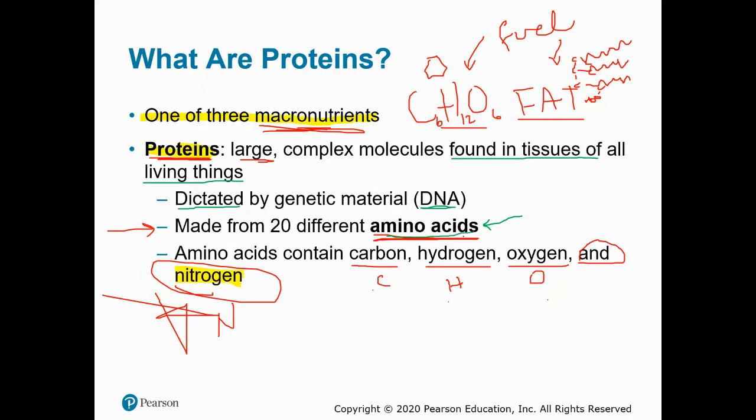Rather, with amino acids, we reassemble them into our own body proteins, and then they become these structural pieces of our bodies. So whereas with carbohydrate and fat, we primarily use those for fuel, with proteins, very different story. We disassemble the proteins that we eat to harness the amino acids, and then we reassemble those amino acids into the structural components of our bodies.